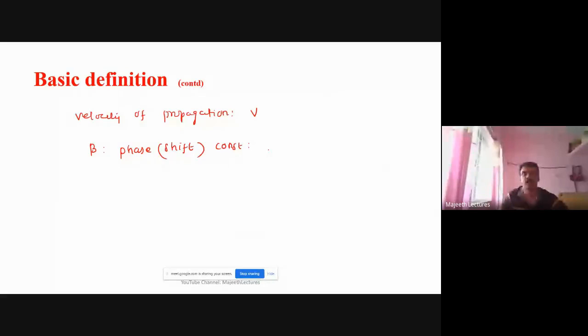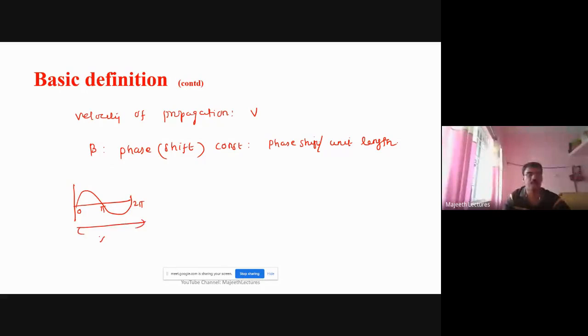So what is phase constant? It is the amount of phase shift per unit length, right? So that's what phase constant is. We know for any wave, let us see, this is a wave, this is 0, pi, 2 pi, the wavelength is lambda.